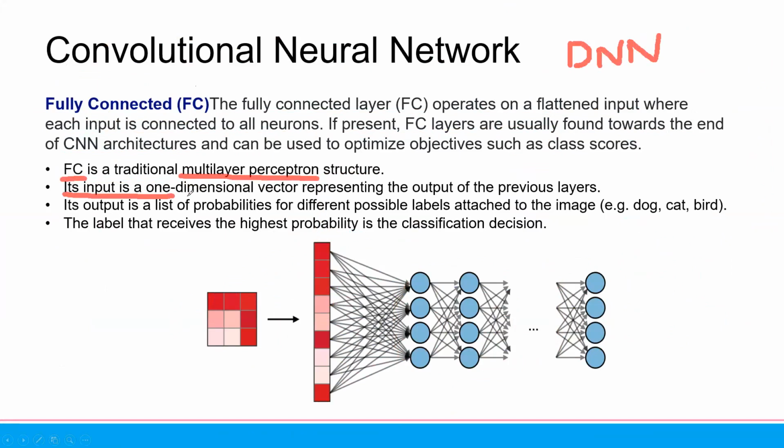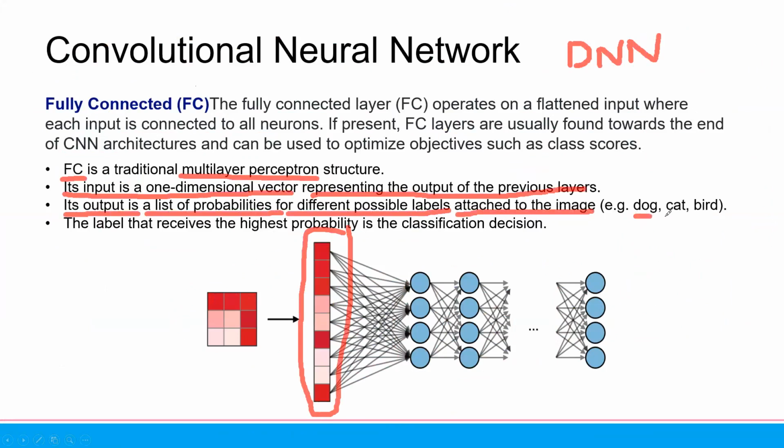Its input is a one-dimensional vector representing the output of the previous layers. Its output is a list of probabilities for different possible labels attached to the image.